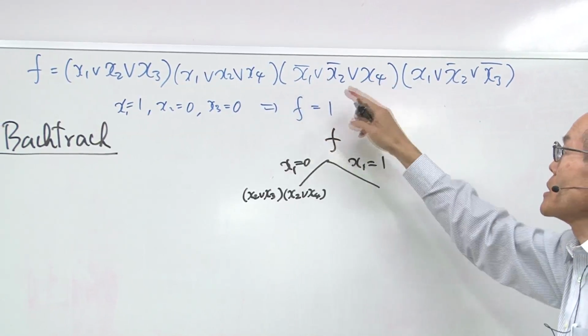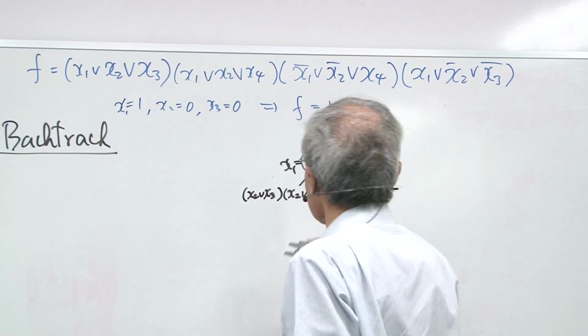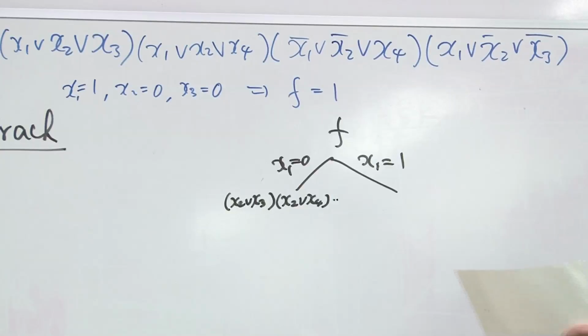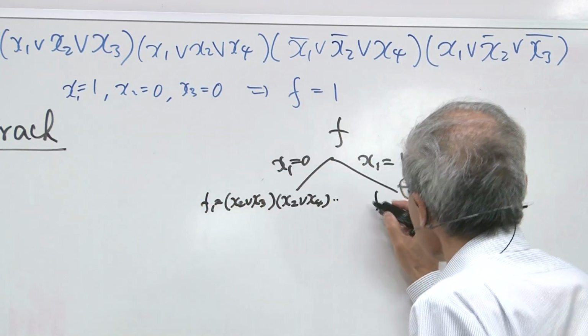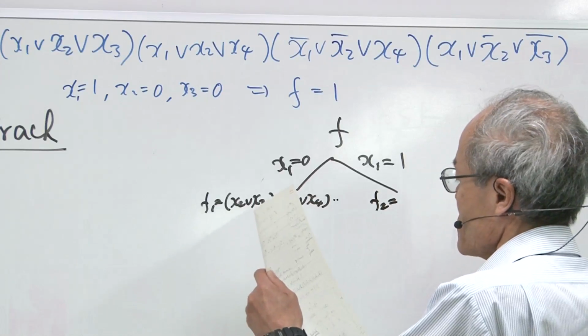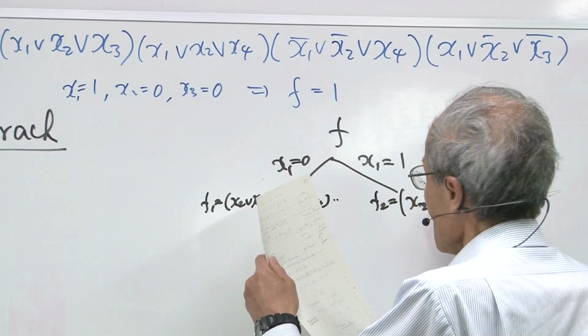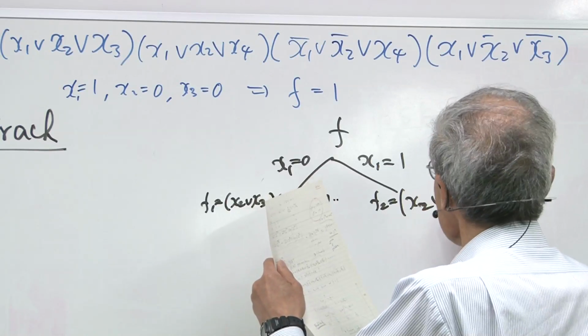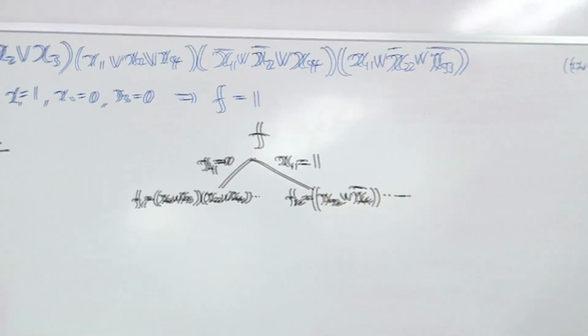So you don't care about the other parts. And so this clause disappears. So the formula becomes simpler. Okay. So let's say this is F1. Now this is F2, which is equal to, I don't know, x2, x4 bar, and so on and so forth.